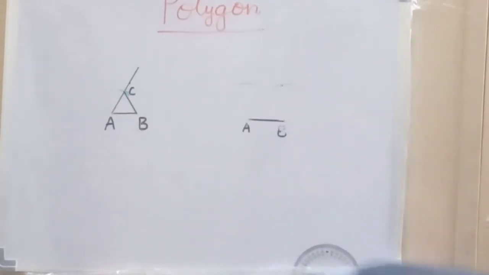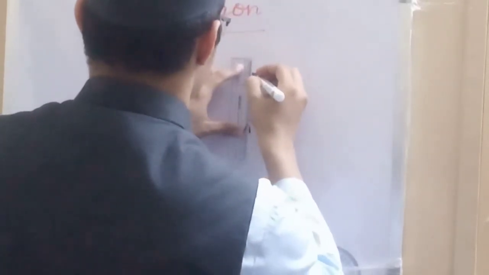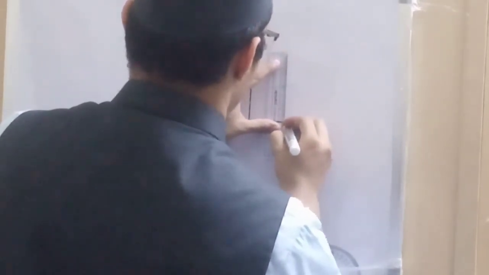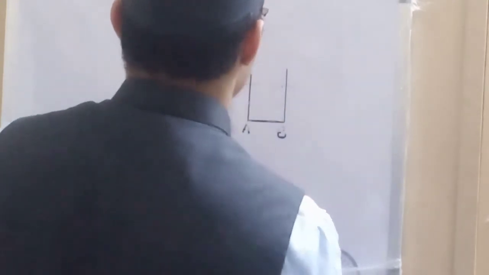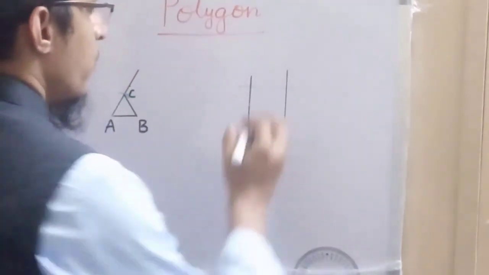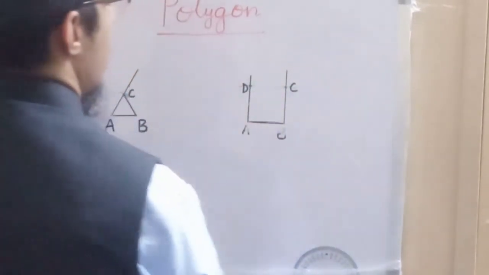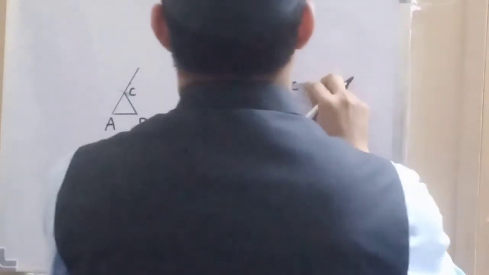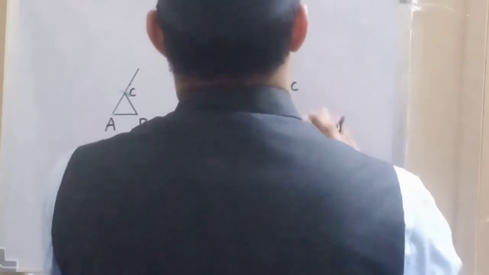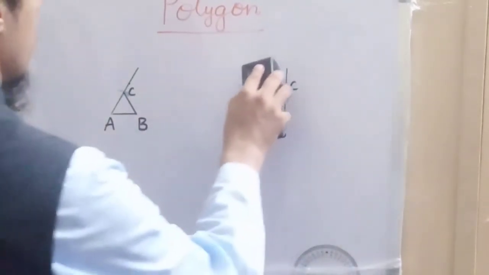Extend these lines from end A and end B. In this way, and now this point is end C and this point is end D. Join these two points to get the square. In this way you can draw a square using the angle method.